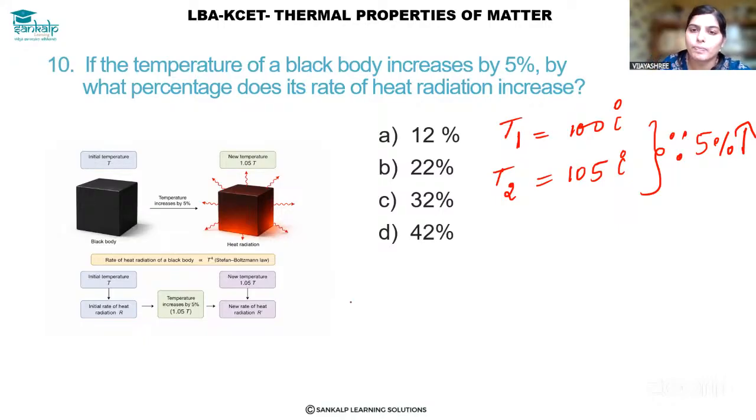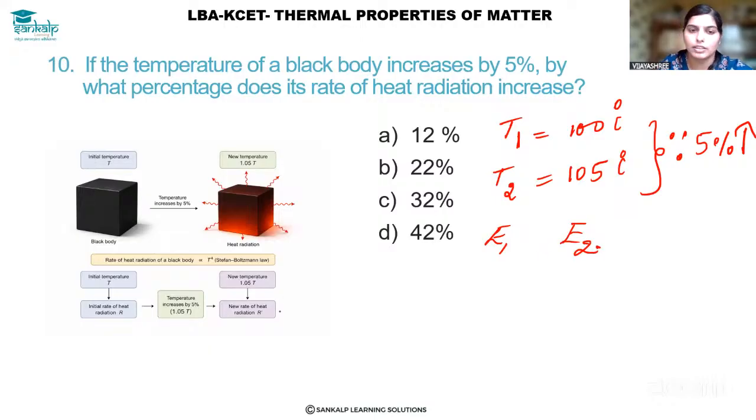So what we know, according to the Stefan-Boltzmann law, radiation energy emitted is directly proportional to the fourth power of absolute temperature in the case of a black body. So radiation energy at the first temperature T1, I take it as E1. At temperature T2, radiation energy is E2.